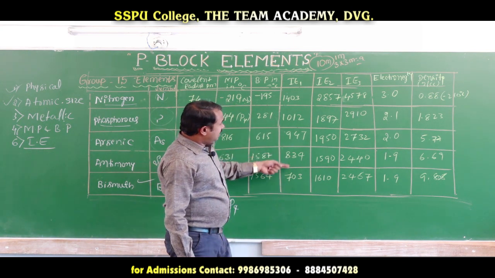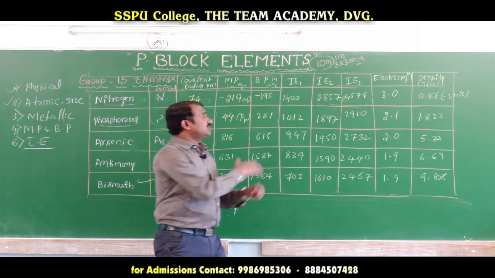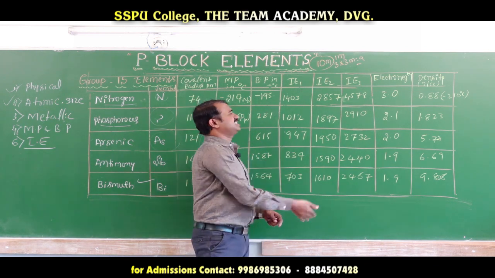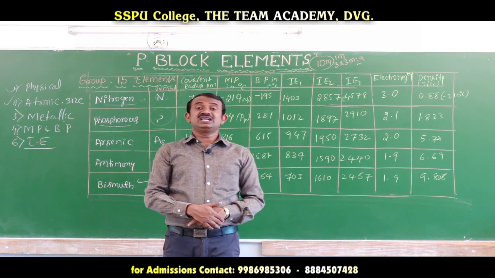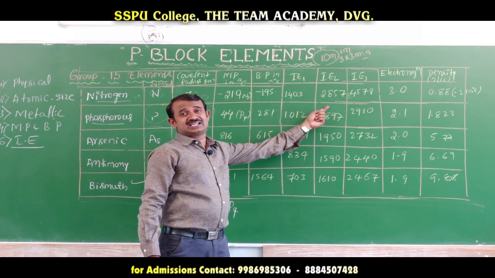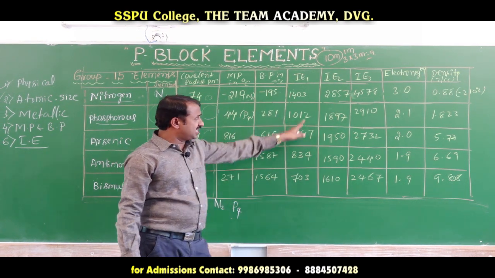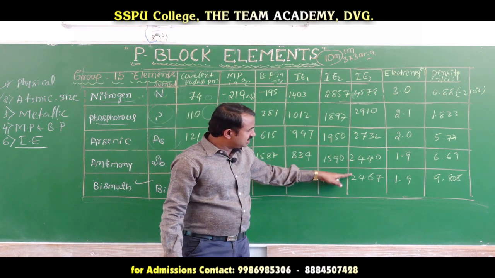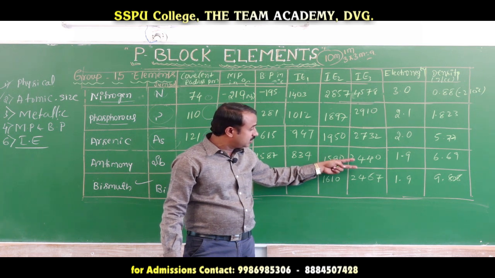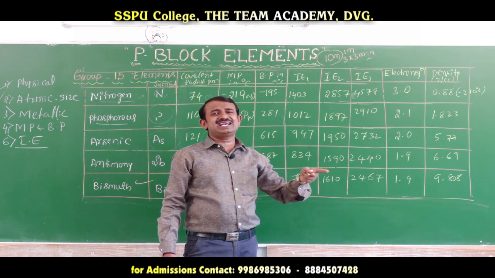The second ionization energy is higher than the first ionization energy, and the third ionization energy is higher than the second. So first, second and third ionization energies are in increasing order, but going downwards they decrease. There is a slight difference you can observe in antimony and bismuth. Antimony and bismuth are slightly changed.